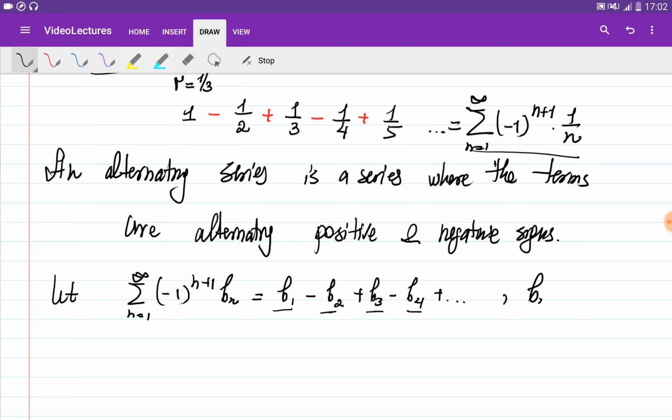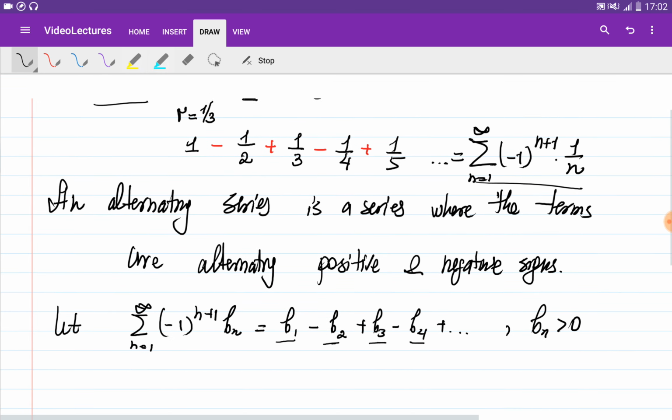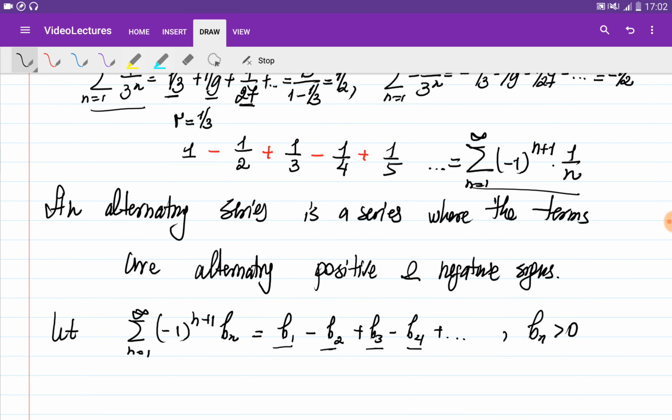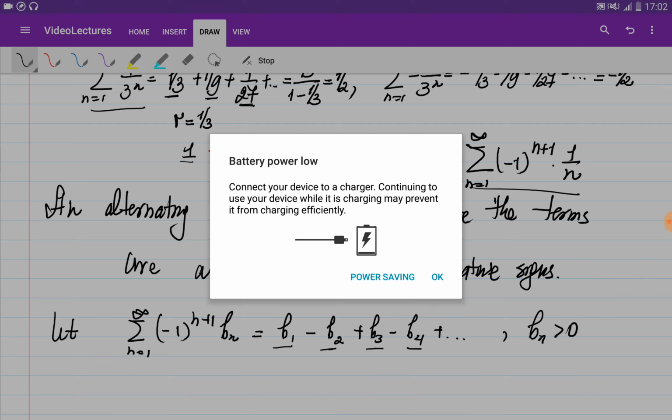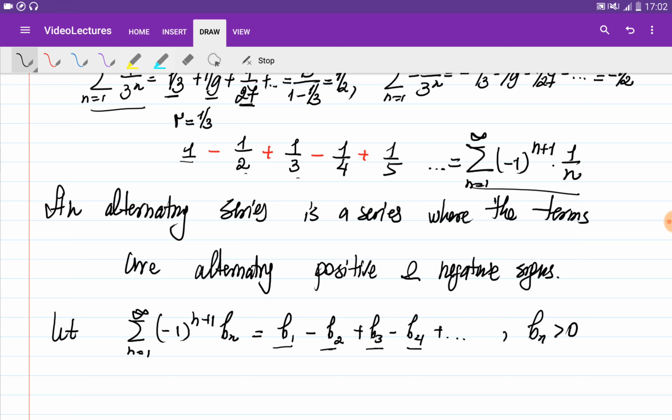All the bn's are positive. The signs before the bn's are alternating, but the bn's themselves are positive numbers. For example here, 1, 1 over 2, 1 over 3, 1 over 4, 1 over 5, all of them are positive numbers, but the signs are different.